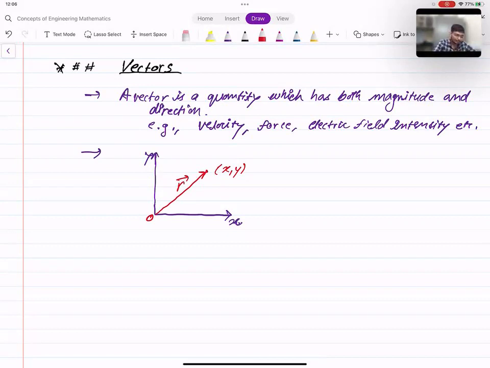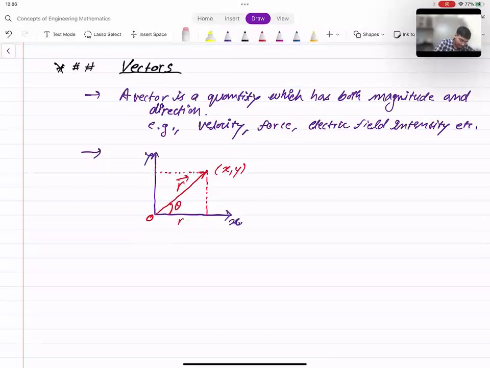Okay. So suppose this makes angle theta. This angle will be used for its resolution. And these are its intercepts, or we can say projections on the respective axes.